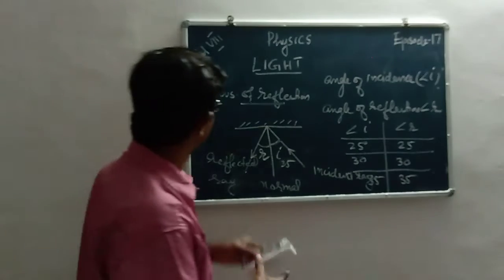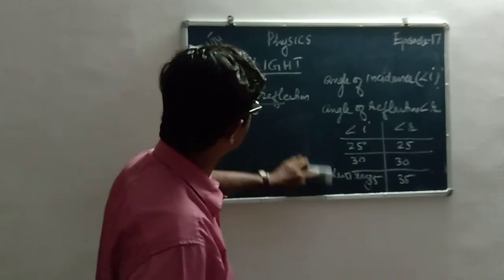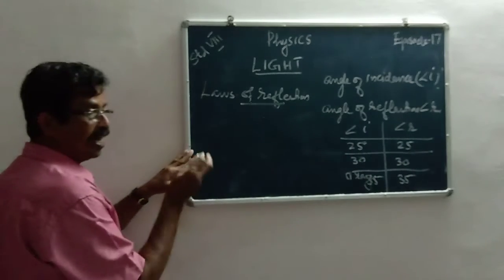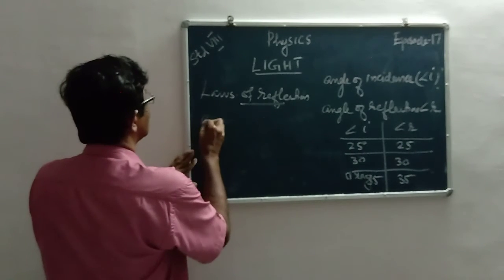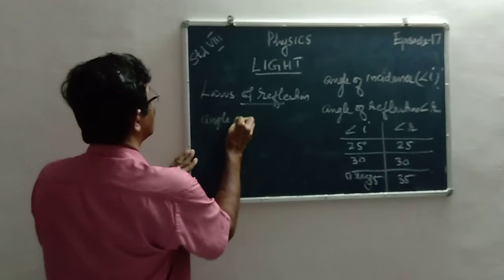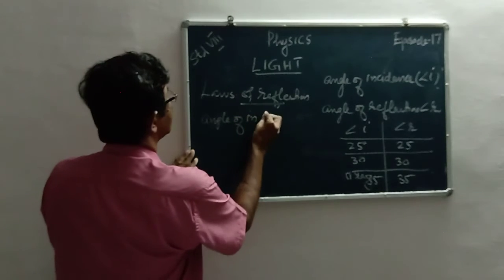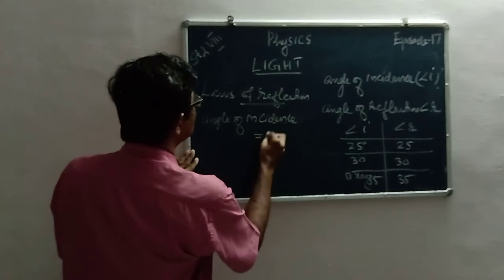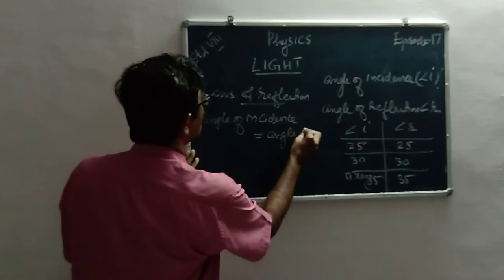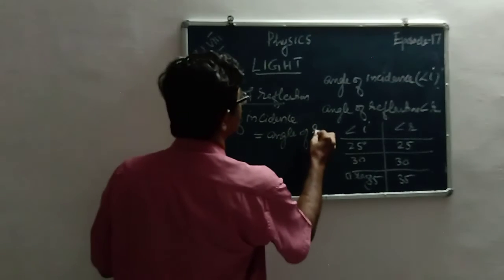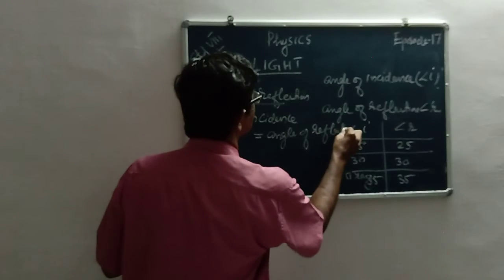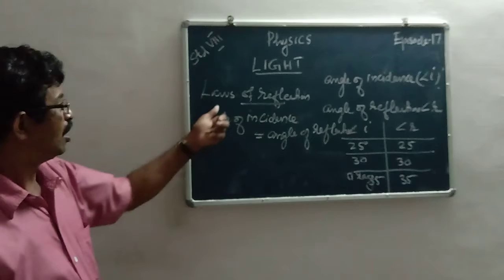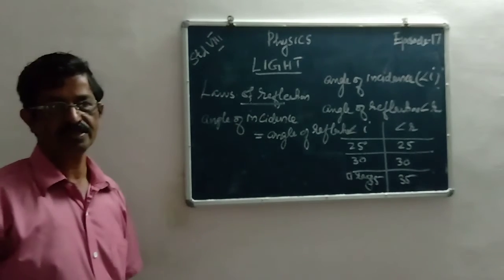Once again, what idea did we get from this? The angle of incidence is equal to the angle of reflection. This is the first law of reflection.